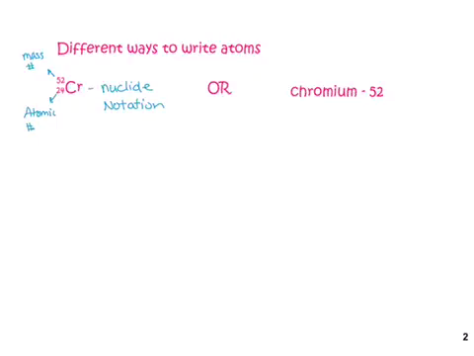With this other method over here on the right hand side, the only piece of information that we're given is the mass number. Generally speaking, the nuclide notation gives you a little bit more information because it gives you that atomic number, whereas the second notation, I don't know if it has a special name or not, just gives you the mass number.